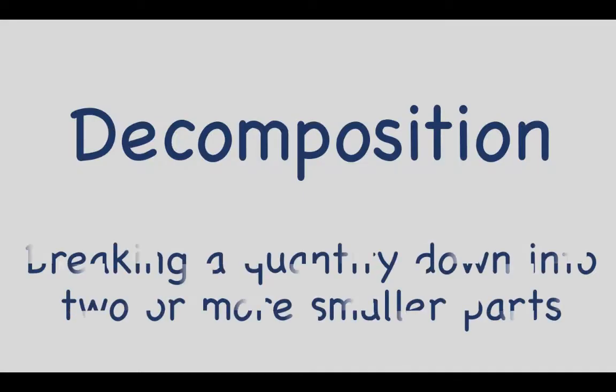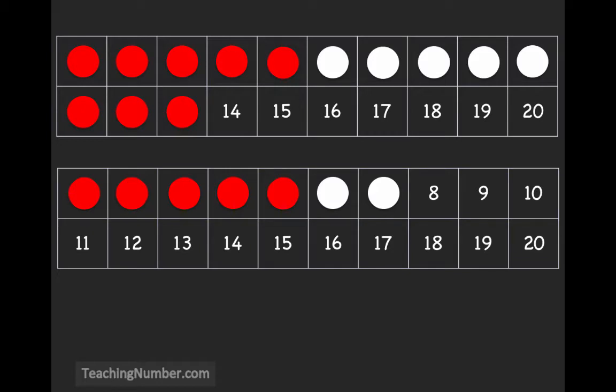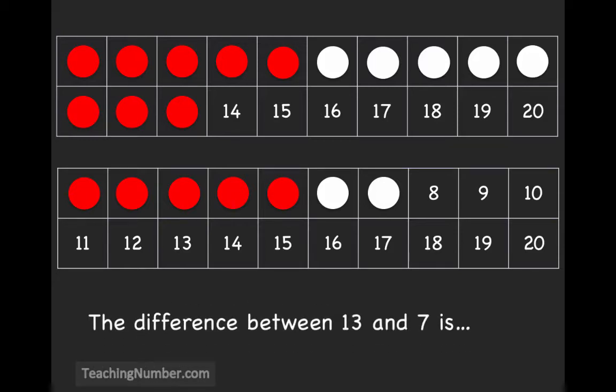We now have two decomposition strategies for using 10 to find differences within 20. First, let's consider the case of finding the difference between a number that contains a 10 and a number that does not contain a 10. For example, the difference between 13 and 7.